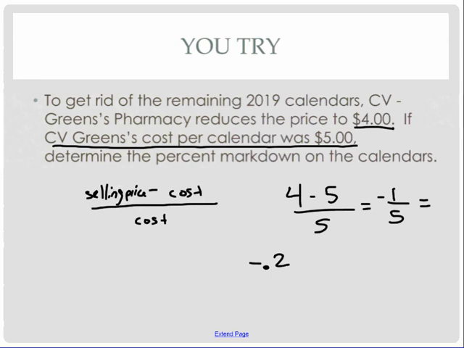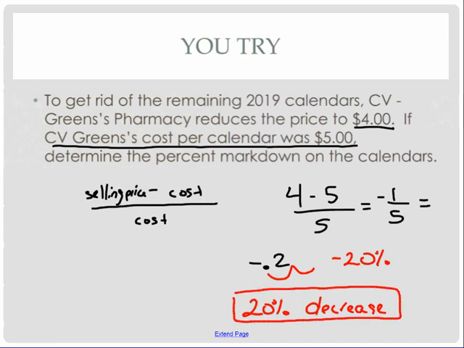And remember, we've got to move that decimal over 2 places or multiply it by 100. Right? So that will be 20%. And we still have the minus sign there. But in the last step, all we're going to say is a 20% decrease. Okay, they are taking a 20% markdown or a 20% loss when they go to do that problem.